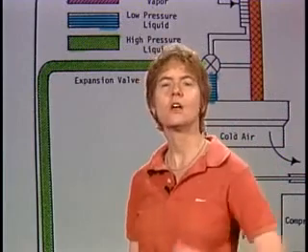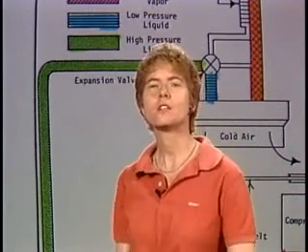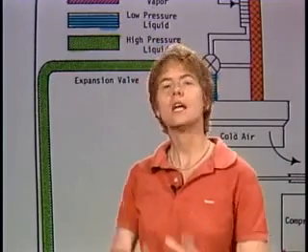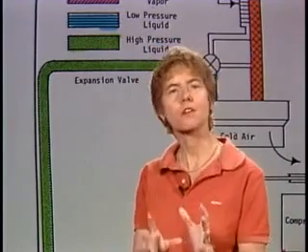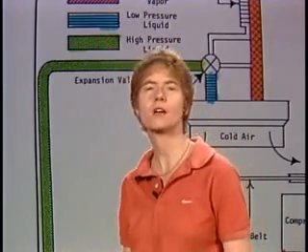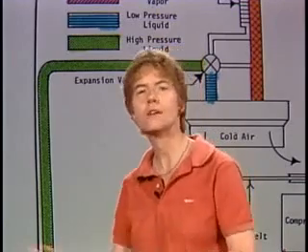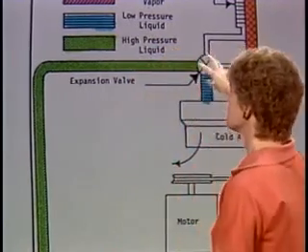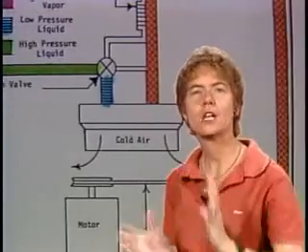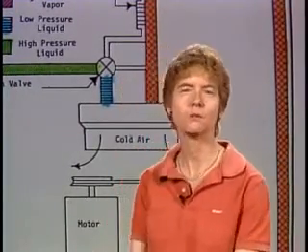The position of that thermostatic expansion valve is determined by the temperature and pressure of the Freon in the outlet of the evaporator, because after the Freon goes through the expansion valve, it goes through the evaporator, and the temperature and pressure of it as it's leaving the evaporator controls this expansion valve, and tells it how much of the liquid Freon to allow through.